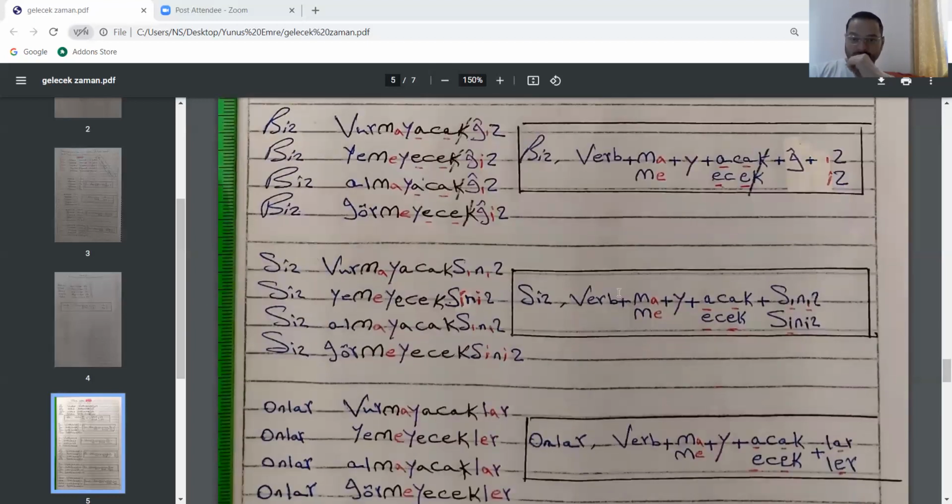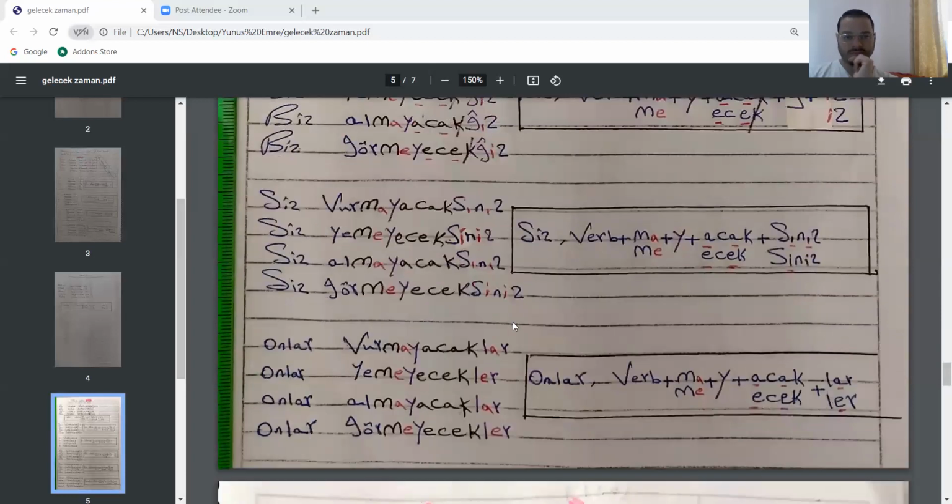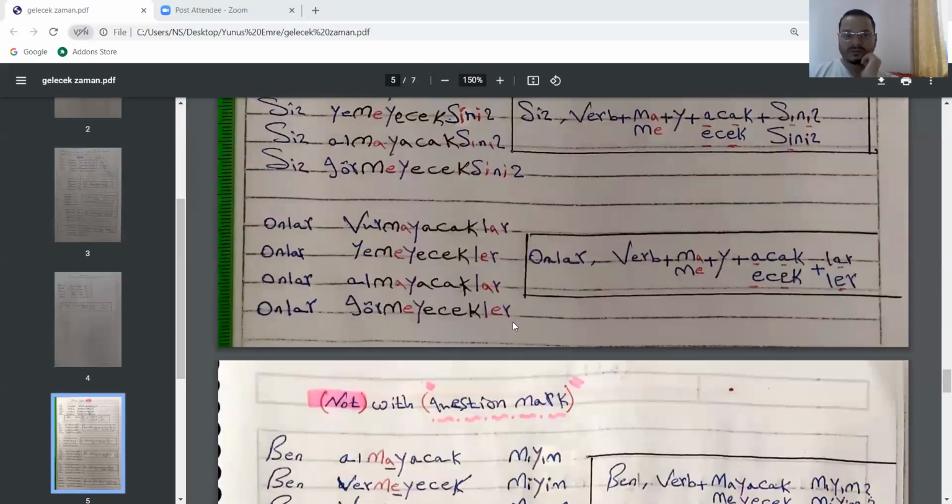Siz has some difference from the previous form. Vurmayacaksınız, yemeyeceksiniz, almayacaksınız, görmeyeceksiniz. Now, onlar, verb plus ma, me and y plus acak plus lar or ler.